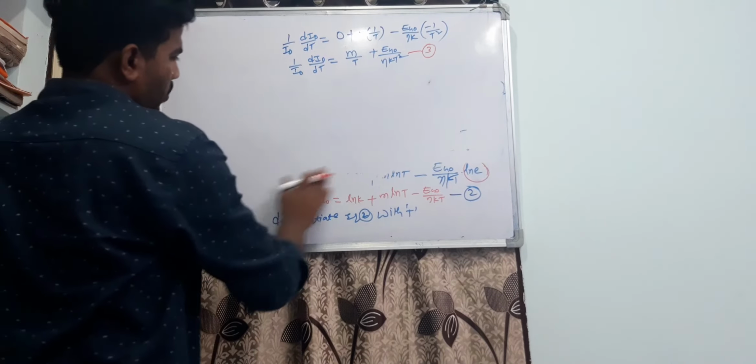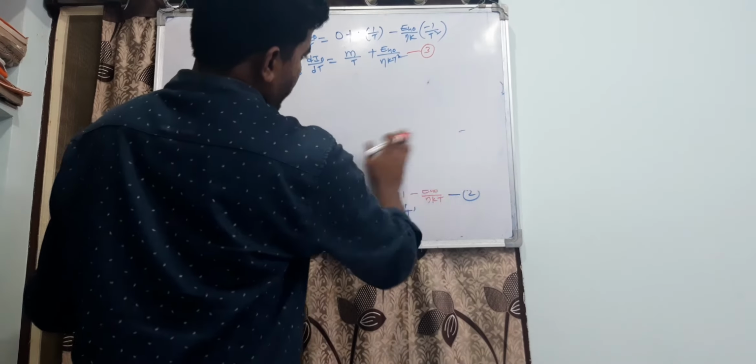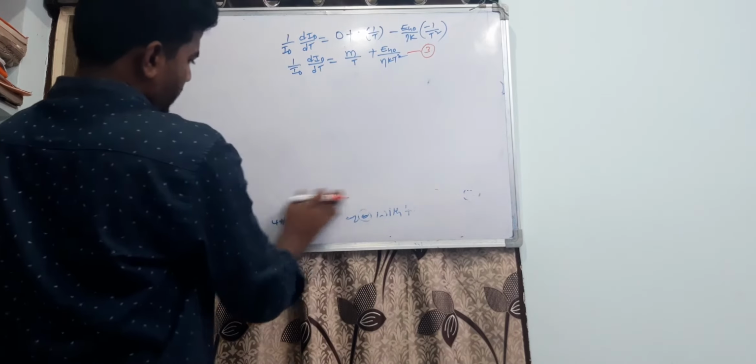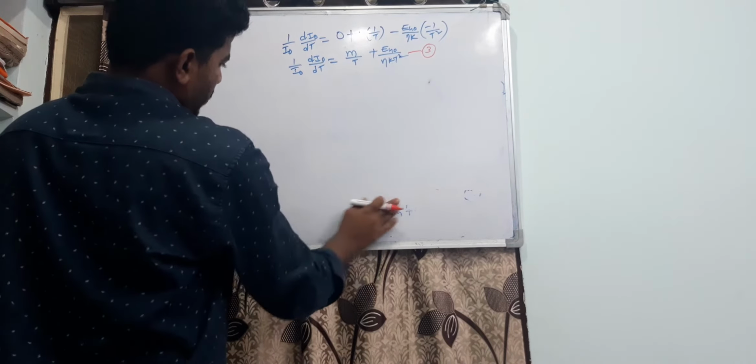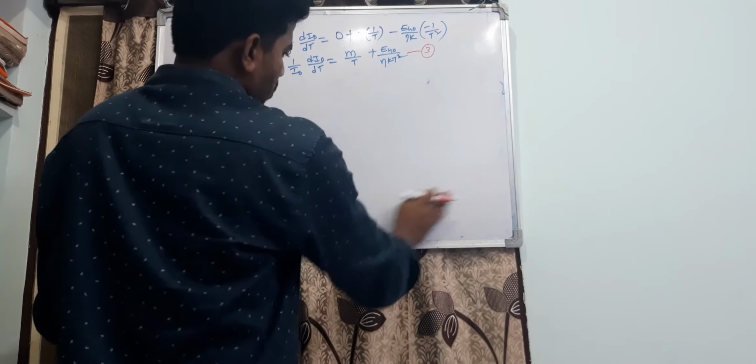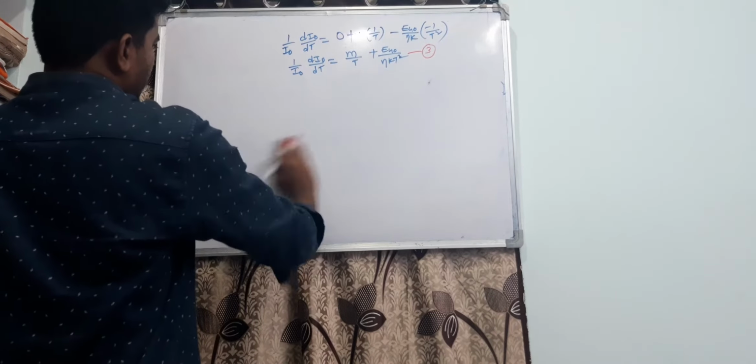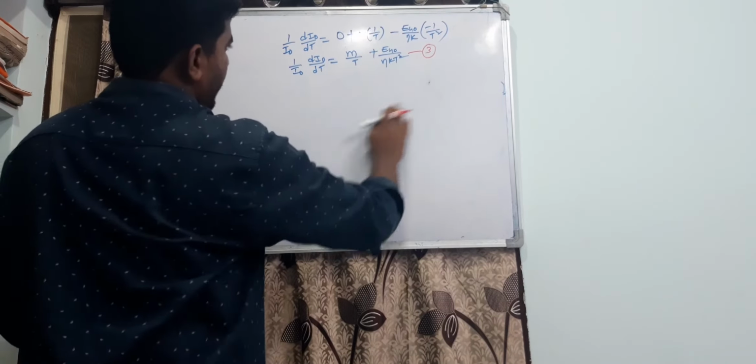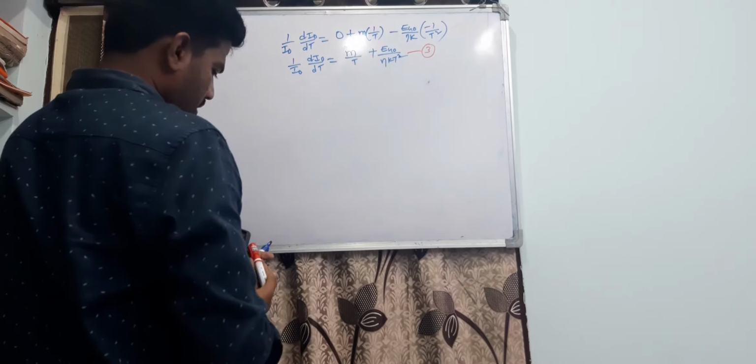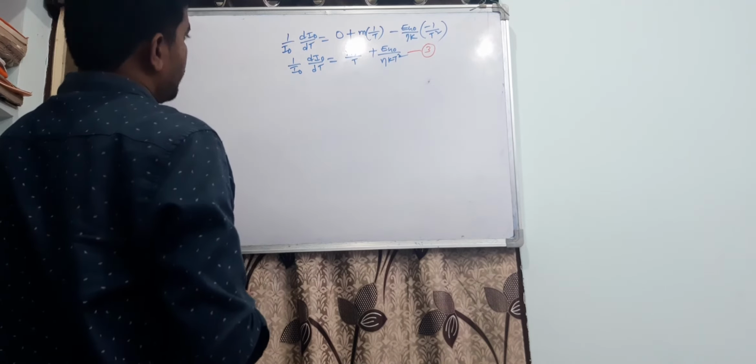Now we have to calculate how much effect temperature has on the germanium diode as well as the silicon diode. While starting the derivation, we have seen the values for m, k and T. Now substitute all these values in the above equation.